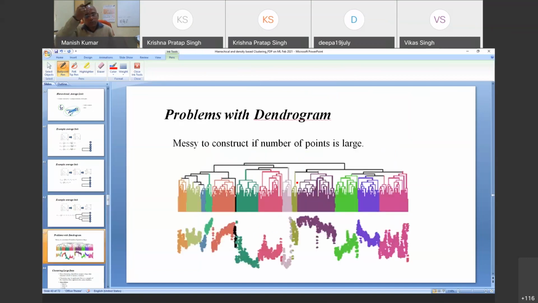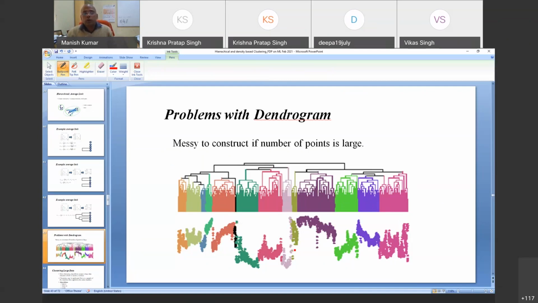The problem with the dendrogram is that the moment the number of points becomes large, it becomes messy. You can see that this is one example where you cannot find out or identify the cluster points. It is so messy, and sometimes it looks like this.